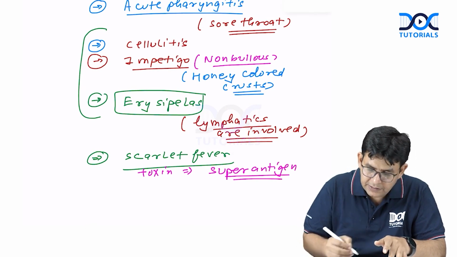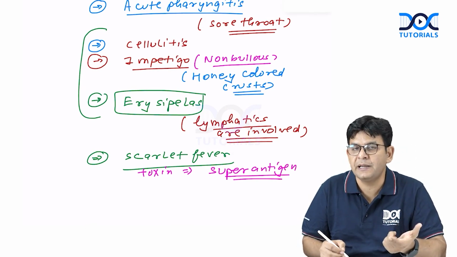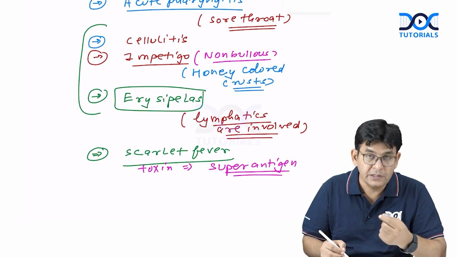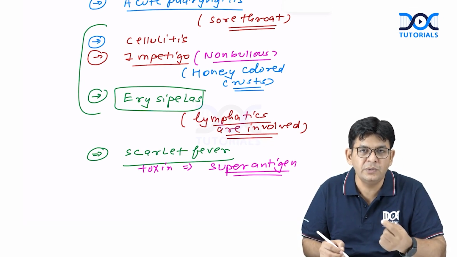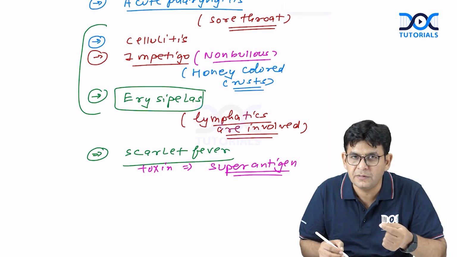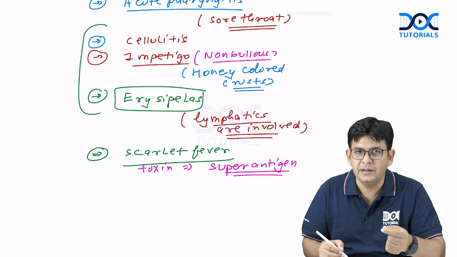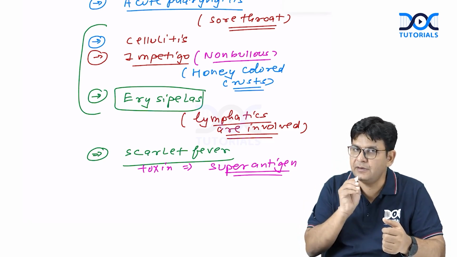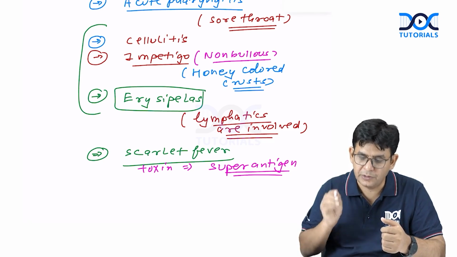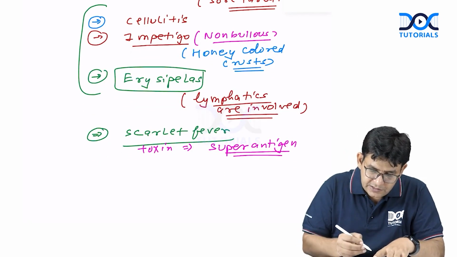That is being termed as what? The super antigen of Streptococcus pyogenes. And you know what is a super antigen? A super antigen is one which activates more than 20% of the T lymphocytes. Okay. And it attaches where? Laterally on the V beta domain. So that is important. Now, this is what a super antigen is.